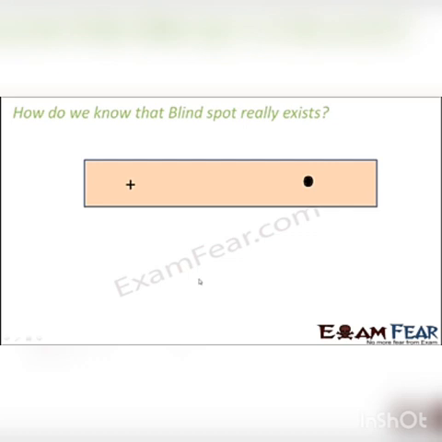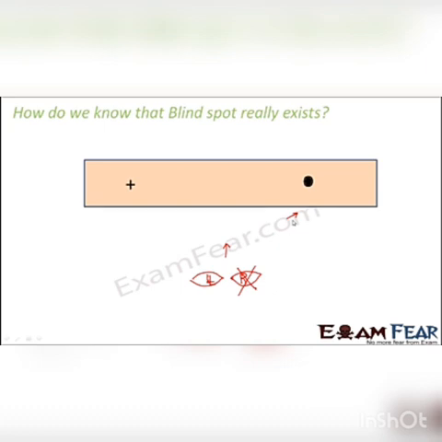Let us suppose this is your right eye, this is your left eye, and you are looking towards this. You close your right eye and look constantly at the dot, only at the dot. But I'm very sure even if you are looking only at the dot, you are still able to see that plus sign somewhere there.